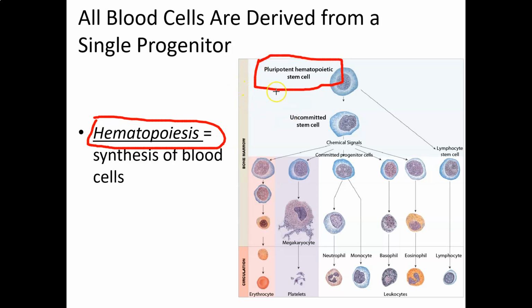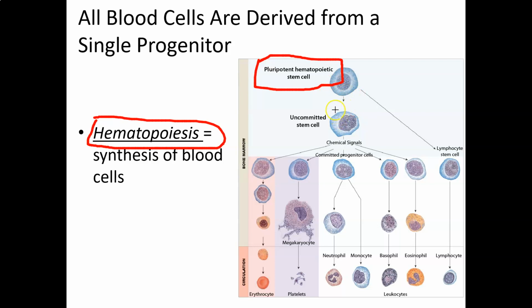So I'll circle it. Pluripotent means like plural, many, potent, become, hemato, blood, and poietic, make. And a stem cell is a cell that can turn into other types of cells. So the pluripotent hematopoietic stem cell is the cell that can become the other types of blood cells.